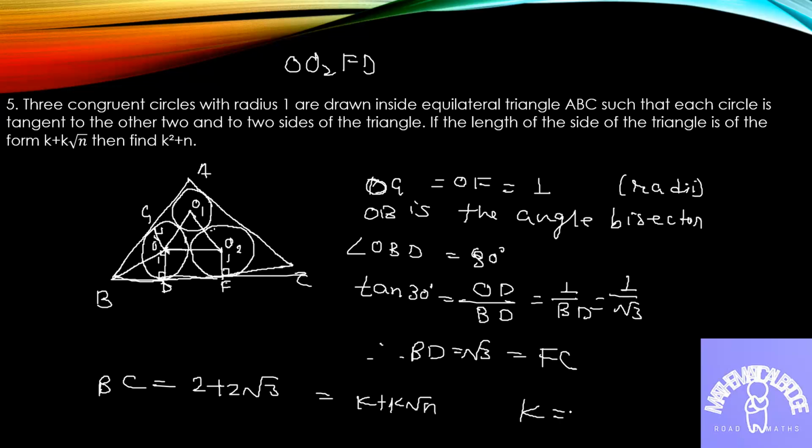From here K is equal to 2, n is equal to 3. So K square plus n is 4 plus 3, which is equal to 7. So 7 is the answer, and this question was a difficult one. Not very difficult, but a difficult one.